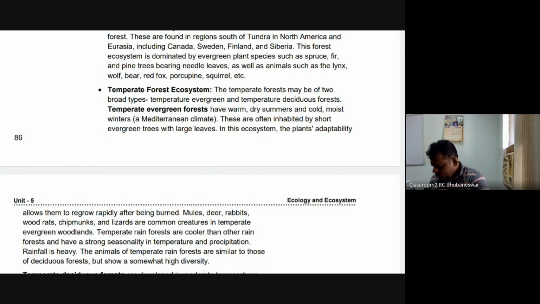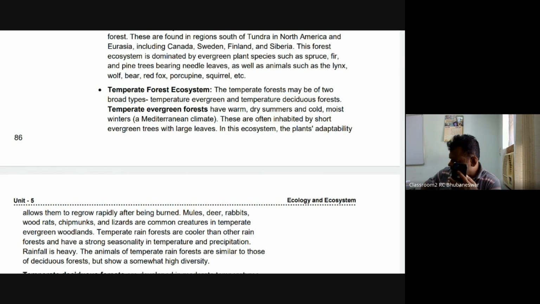If you have studied the agriculture of the globe, you can remember that the Mediterranean region is very fertile, and a lot of fruits are cultivated in those regions. So Mediterranean farming is also important.